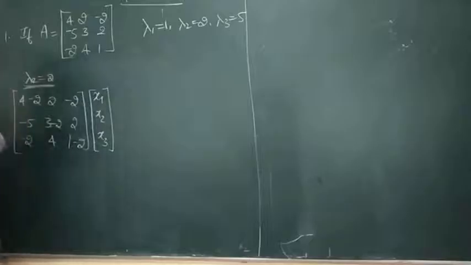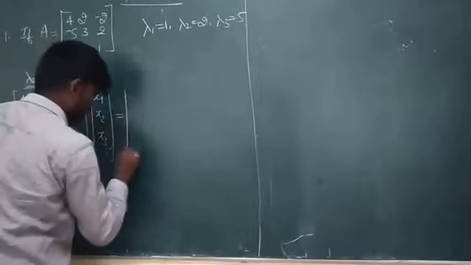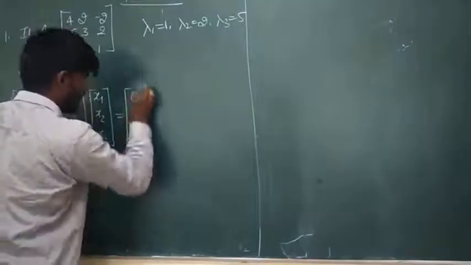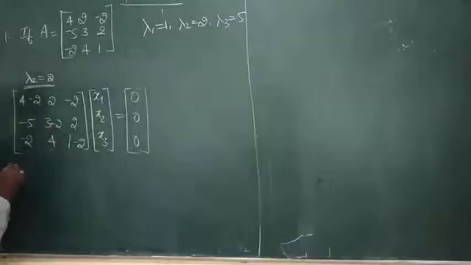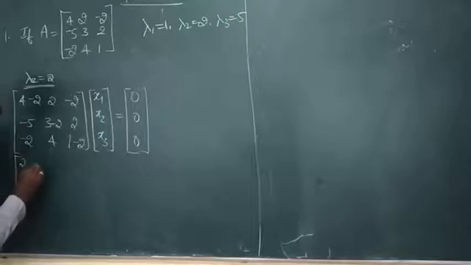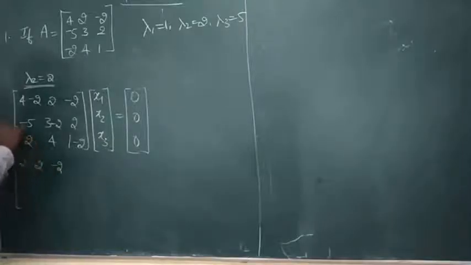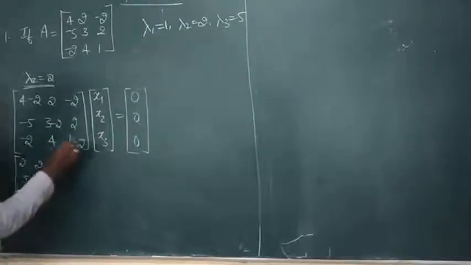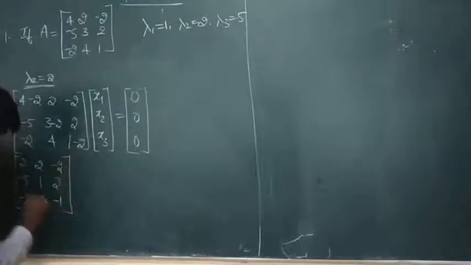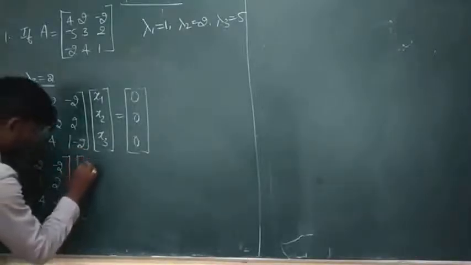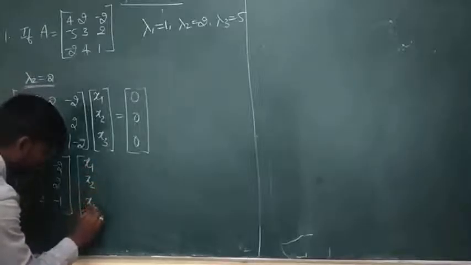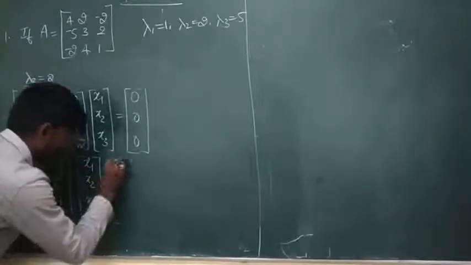Substituting lambda 2 in the characteristic polynomial, we get 0, 0, 0. Therefore, the matrix is 4 minus 2, 2, 2 minus 2, and minus 5, 3 minus 2 is 1, 2, minus 2, 4, 1 minus 2 gives minus 1. And the unknowns are x1, x2, x3, with the column matrix containing zeros.